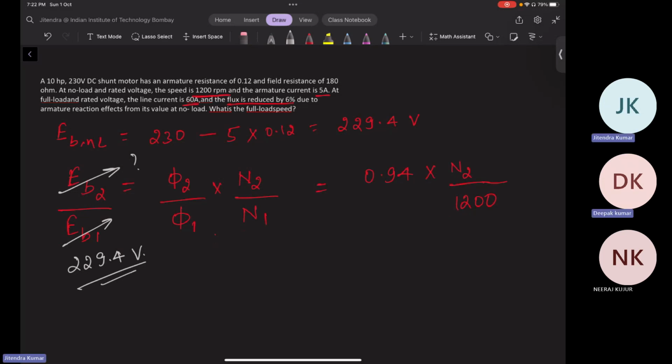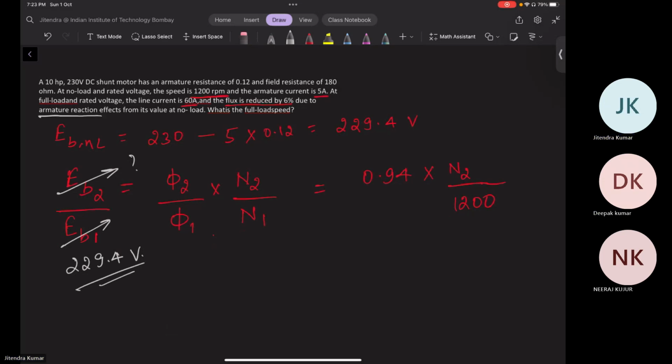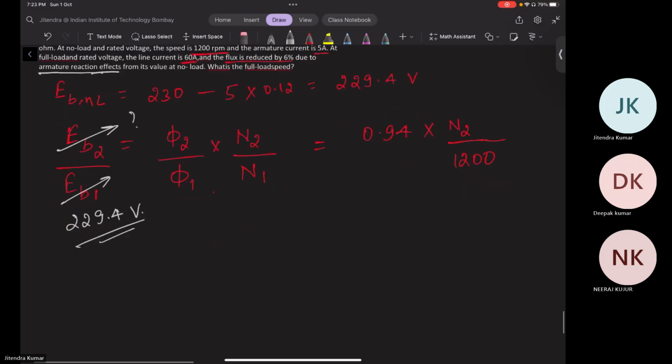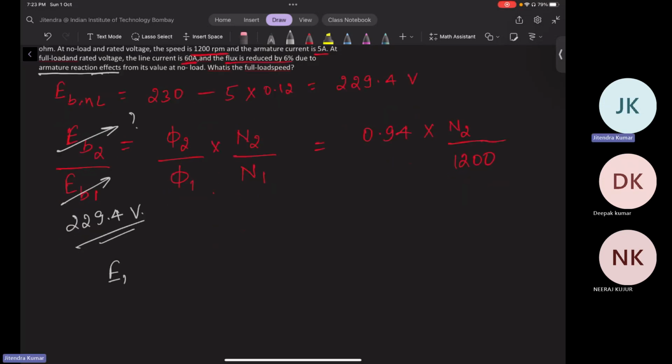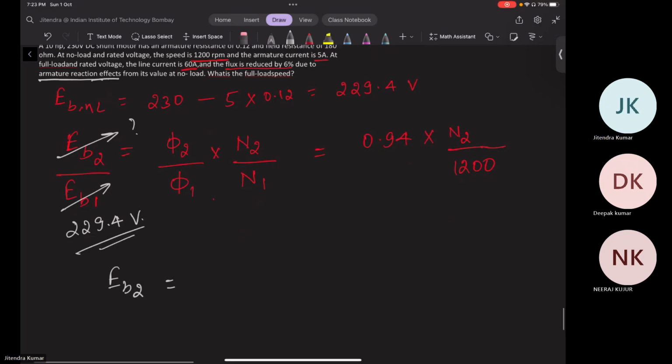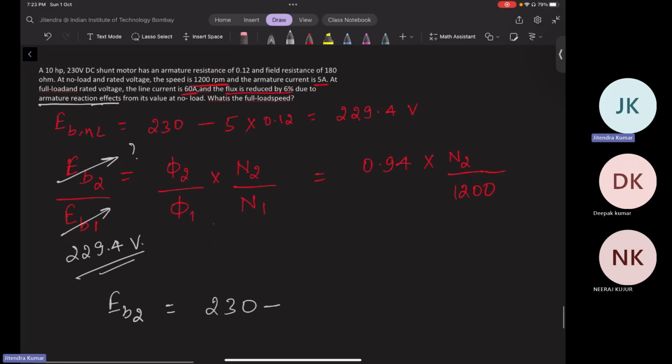Now, if the field current is fixed, according to this statement, then EB2 will be equal to 230 minus (60 minus the no load field current) into Ra. How much was the no load field current?